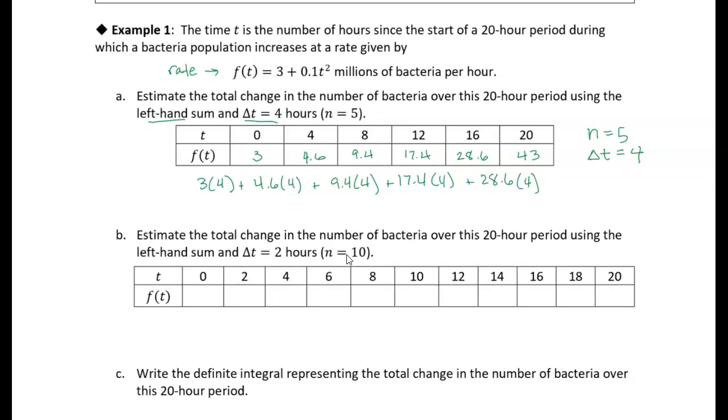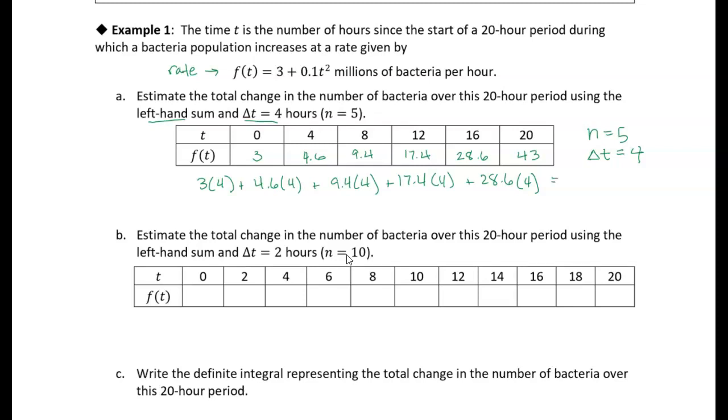Now we don't want to include the last one because that's a right-hand data point in that interval. It's the value at 20, and in the interval from 16 to 20, that 43 is the right-hand data point. The left-hand data point is 28.6. So if we want the left-hand sum, we need the left-hand data point. So if we just add all of that up.